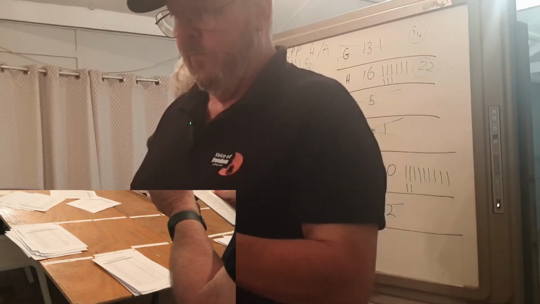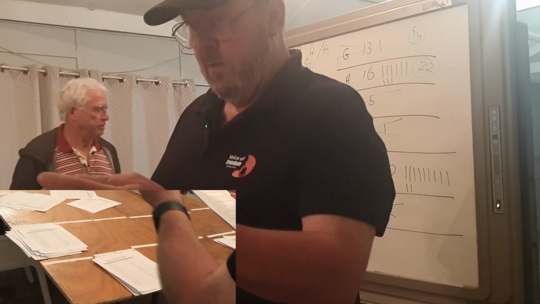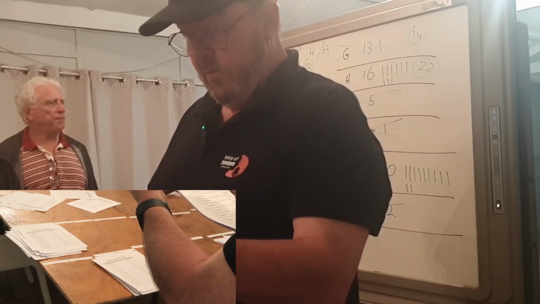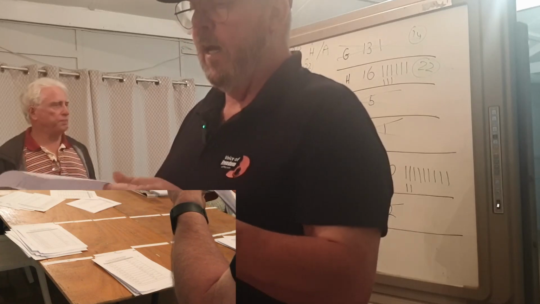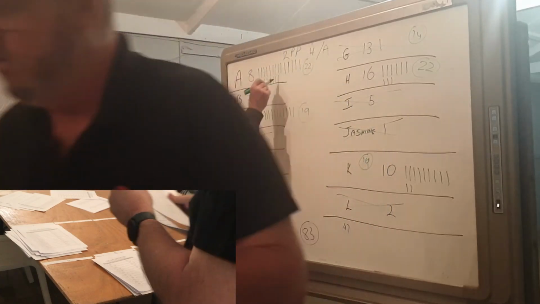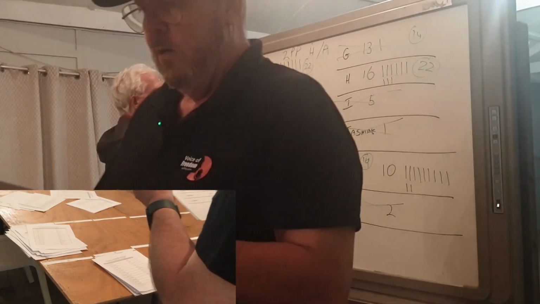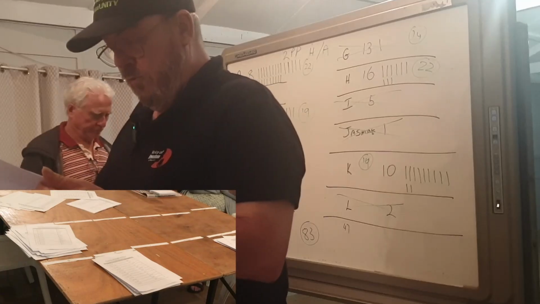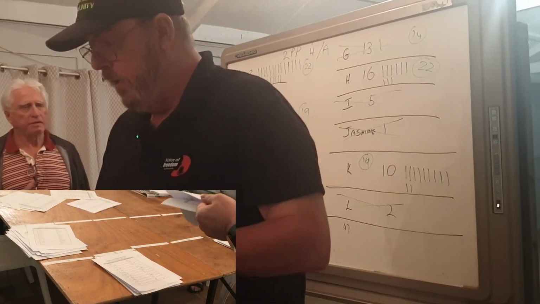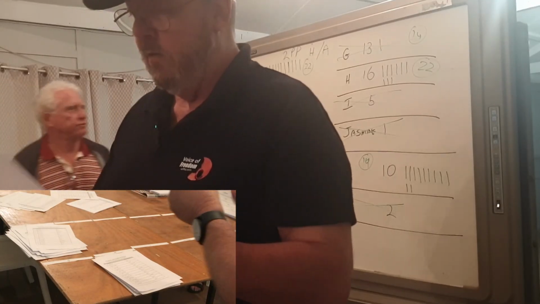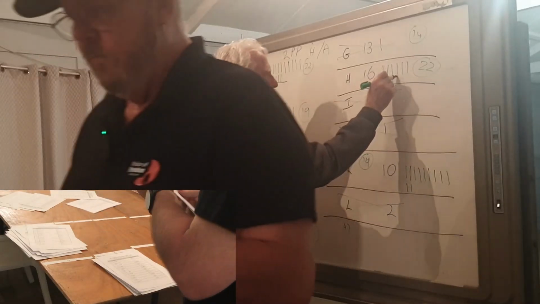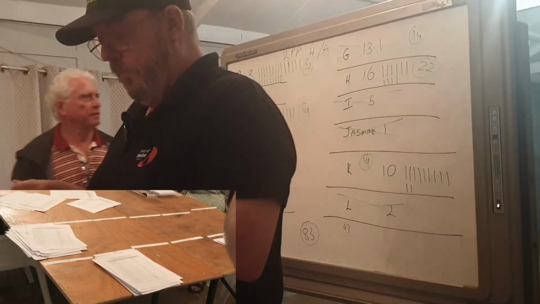All right, this one, number 2 is party A. Oh, that makes life easier. Right, this one, number 2 is party H. Okay, that's good. Ding, ding.